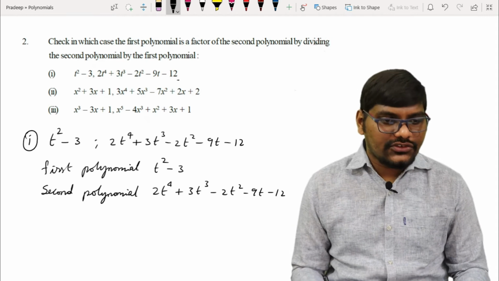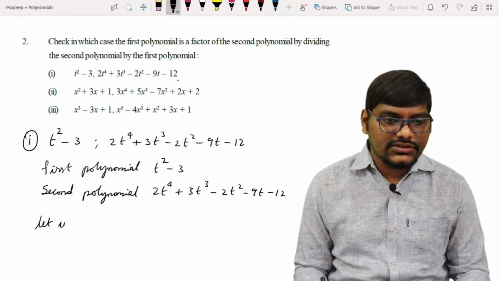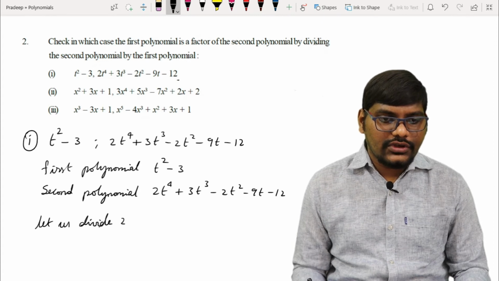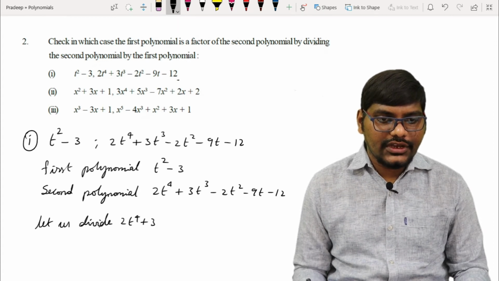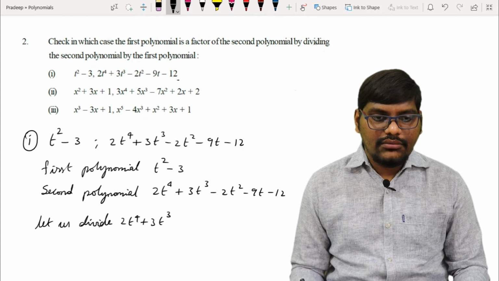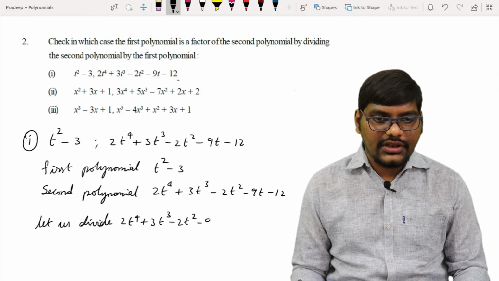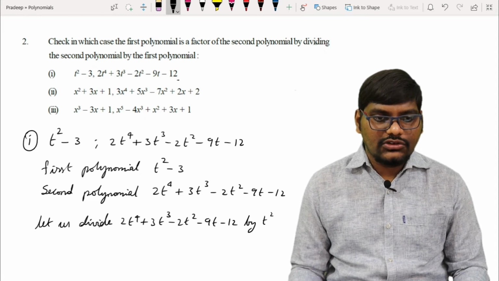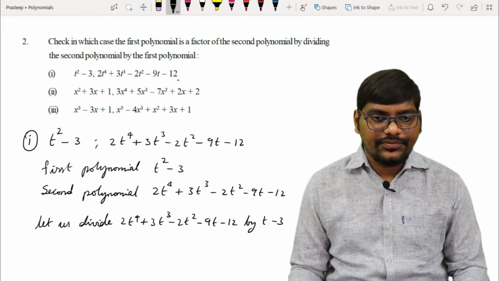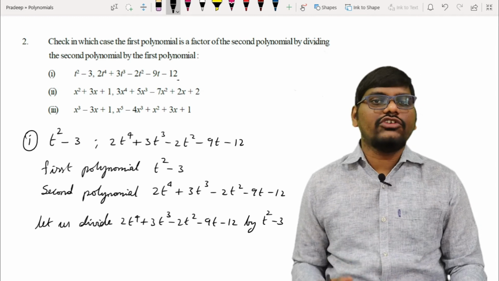Okay, so let's divide this. So I can write, let us divide 2t power 4 plus 3t power 3 minus 2t square minus 9t minus 12 by the next polynomial, t square minus 3. So we'll be using the same method which we used for the first question.